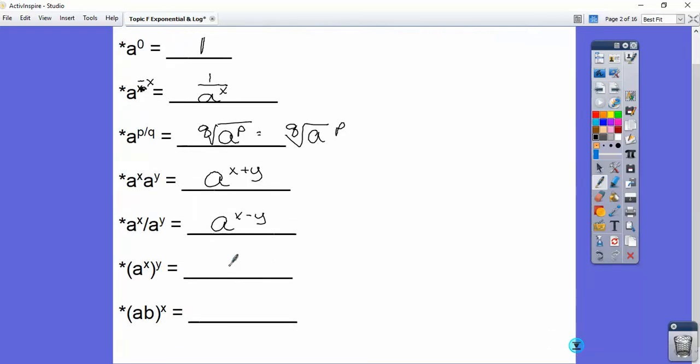A to the x, to the y, power to a power, we multiply. And the last one, if you have one term in the parentheses, so as long as those things are multiplied together, you can distribute your exponent to both of them.